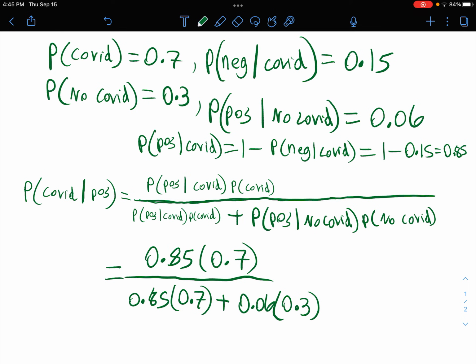All right, then all we would have to do is type all this into our calculator, and when we do that, we get a result of approximately 0.9706 or 97.06% approximately.